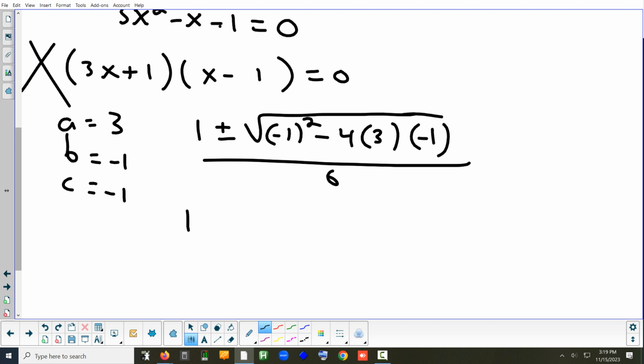So 1 plus or minus. Well, negative 1 squared, that's 1. And you're subtracting a negative. So what's that going to turn into? Well, you're going to be subtracting a negative number, so that's going to turn into plus.